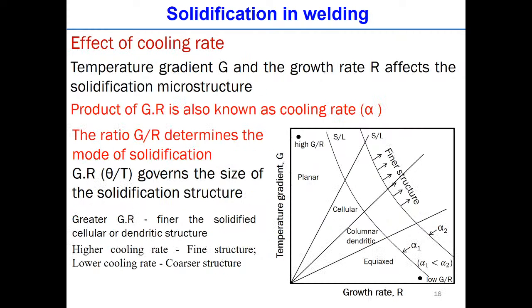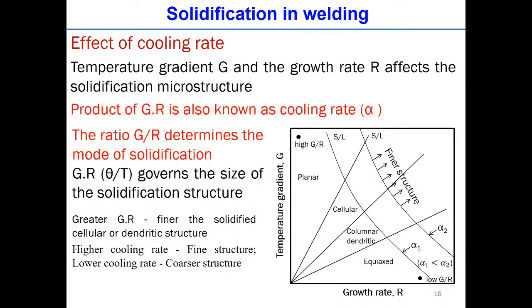And the effect of the cooling rate: even though the solidification mode can be different, planar, cellular, columnar dendritic or equiaxed, the cooling rate can be a different aspect also. If the cooling rate is very high or low, based on that we get either a fine structure or a coarse structure, and this is the greater G into R. So if you multiply the solidification parameters G into R, that actually indicates the cooling rate.